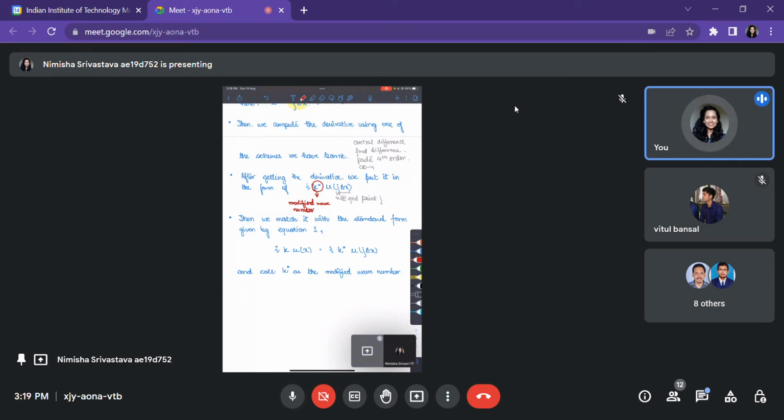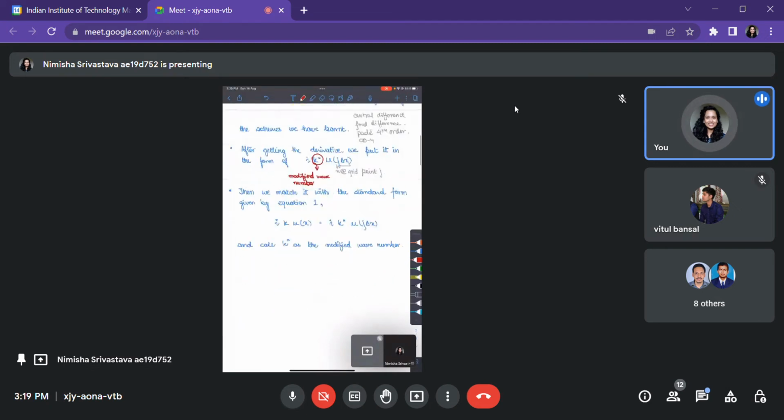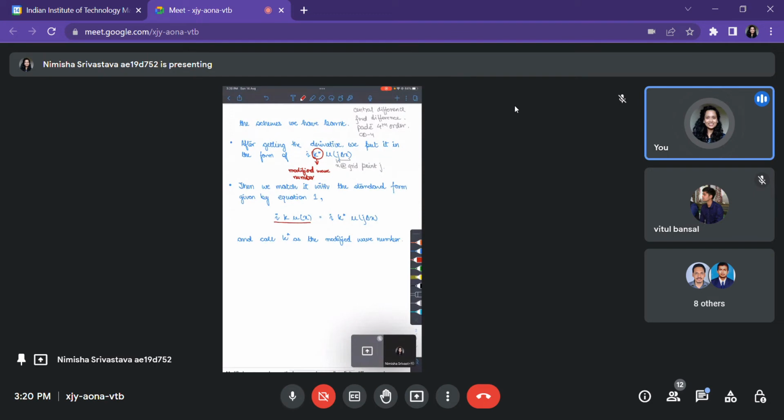Okay, so then we match it with the standard form given by 1, and over here we have ikx equals to, it's not necessarily equal to, but we are going to compare it. Let's just say versus. So over here we are able to see that k and k star are analogous, therefore k star is known as the modified wave number. K and k star are analogous.